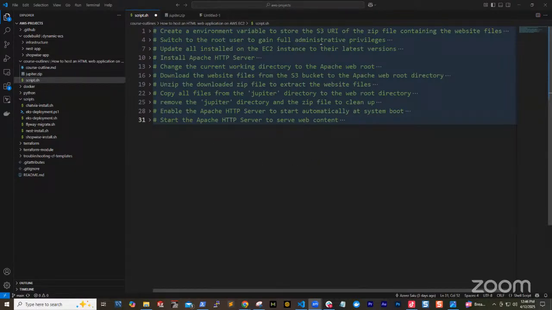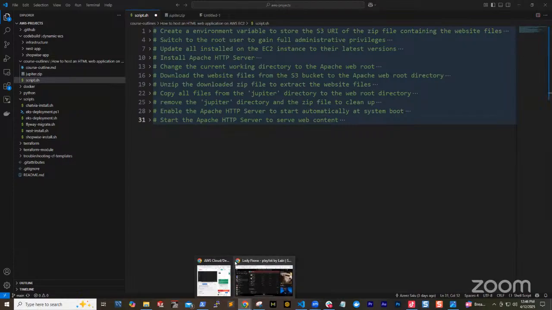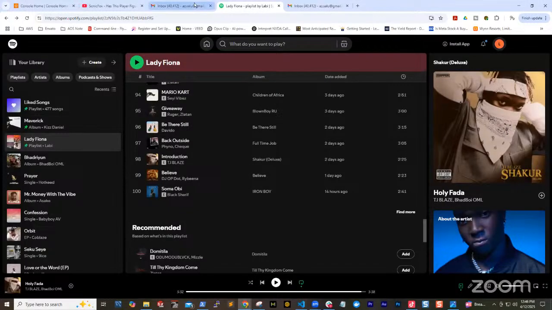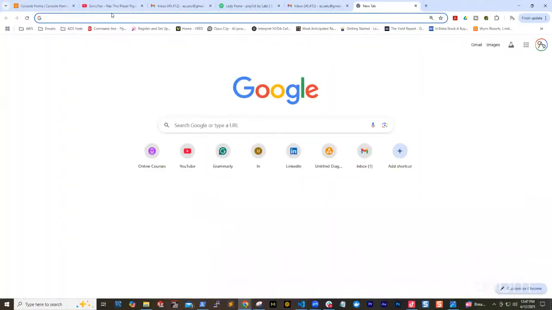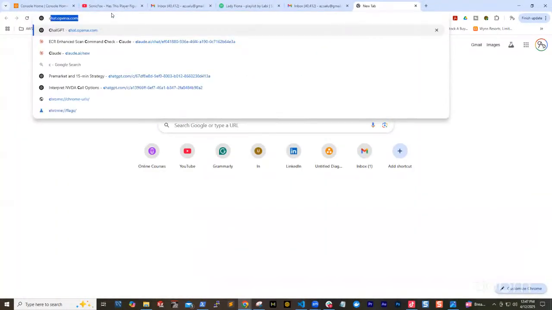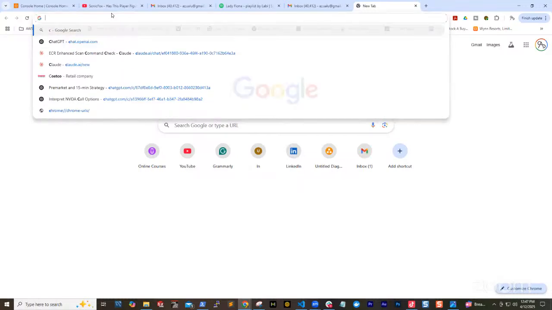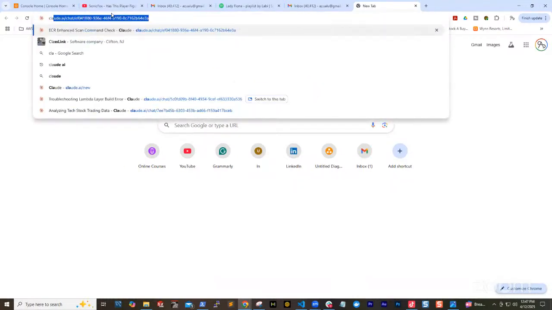I say, okay, I need to change to root user. If I don't know the commands to do that, I'm just going to go to Claude. I like using Claude because I like promoting Amazon stuff.